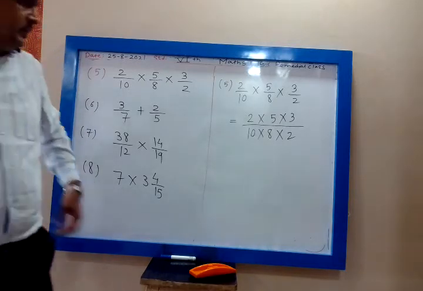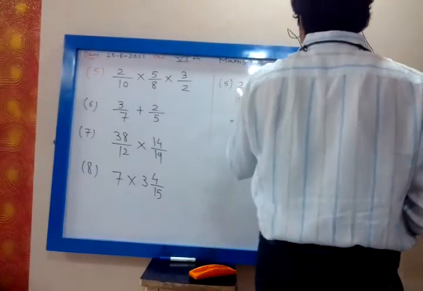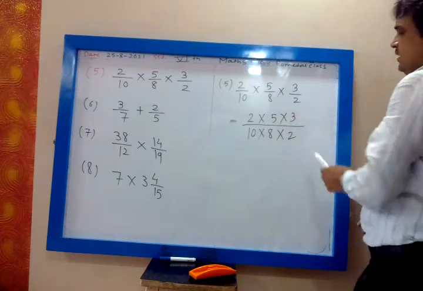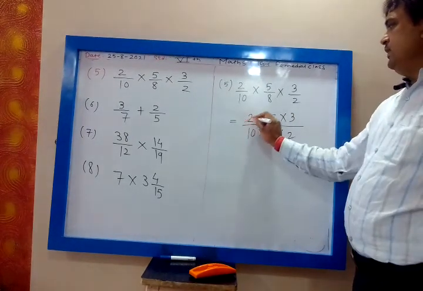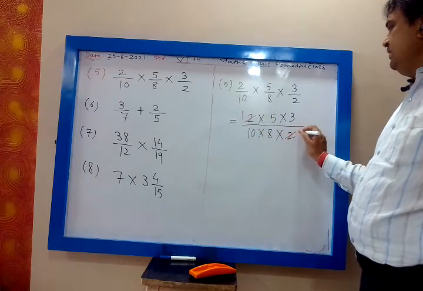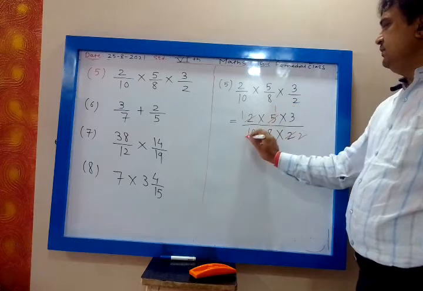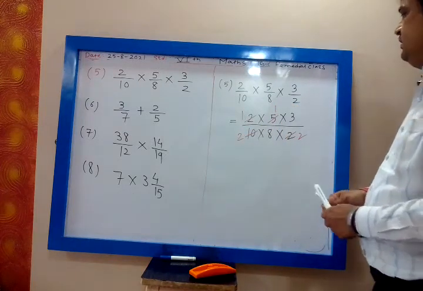Okay. So this is numerator into numerator into numerator upon denominator into denominator into denominator. Now cancel the common factor of numerator and denominator. 2 ones are 2, 2 gets cancelled. Then 5 ones are 5, 5 twos are 10. Nothing gets cancelled now.